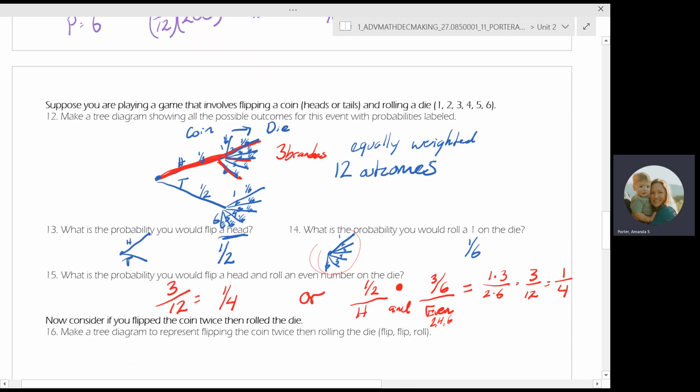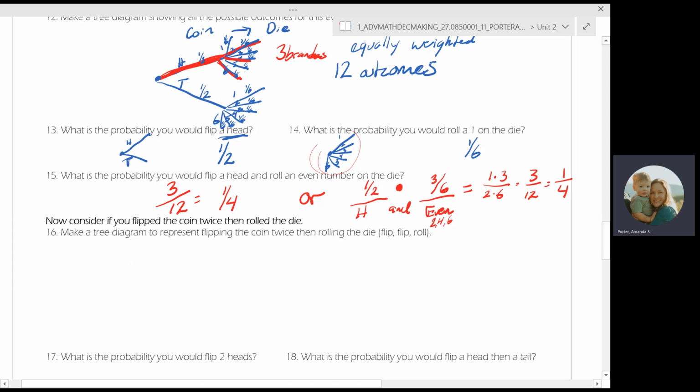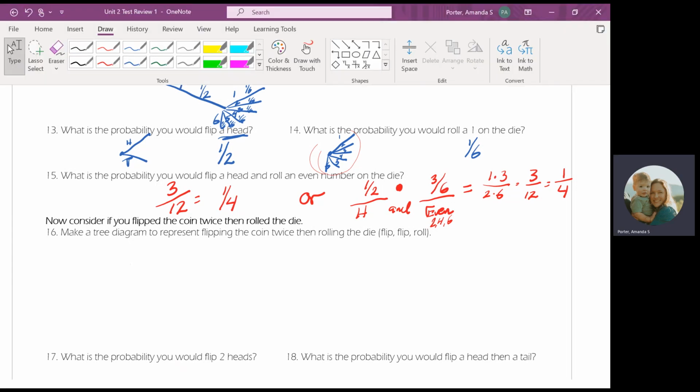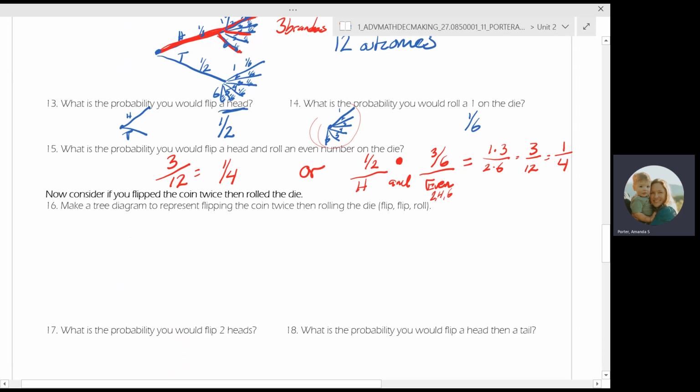Now, 16, what if we flipped the coin twice, then rolled the die? Okay, let me go back to blue. This tree's just going to get a little uglier. You're flipping the coin twice, right? The coin twice. So we have the first flip. We have the second flip.